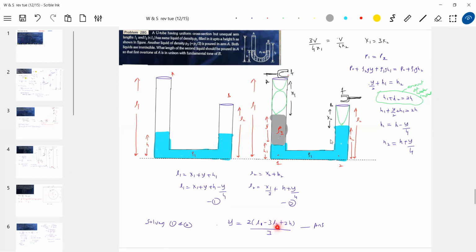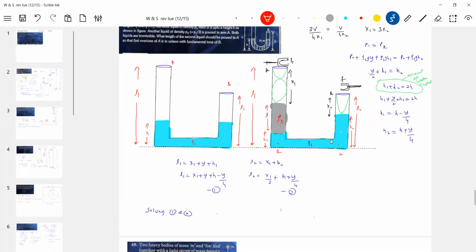It seems, if you add up these two, L1 plus L2. We don't get any solution. Nothing.